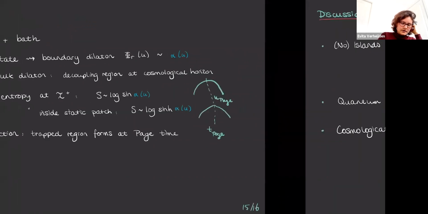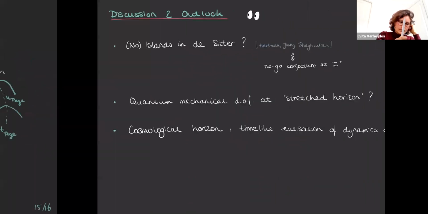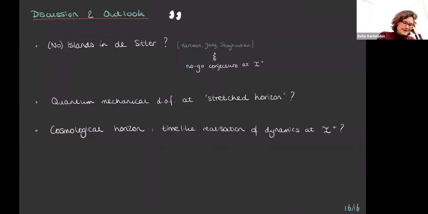Maybe a few points that I think are interesting to discuss. Notice that at future infinity, I'm claiming that we don't need islands to see unitary evaporation. I think this is in line with work on islands in de Sitter by these authors, where they looked at islands in Schwarzschild de Sitter in 2 dimensions.